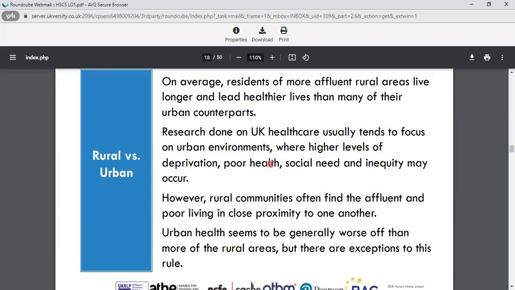Then we have rural versus urban care. On average, residents of more affluent rural areas live longer and lead healthier lives than many of their urban counterparts. So any idea why this is the case?